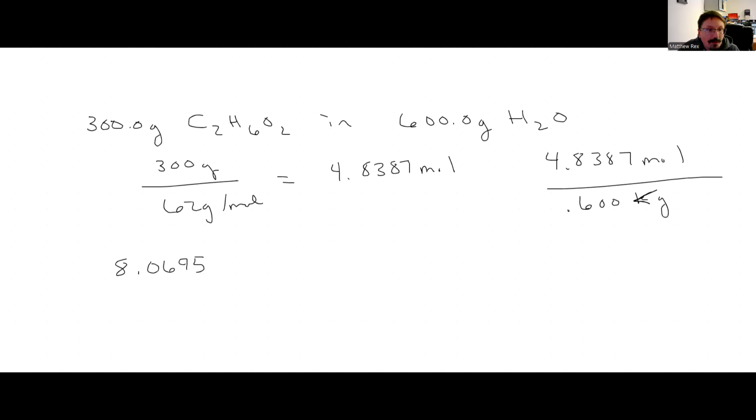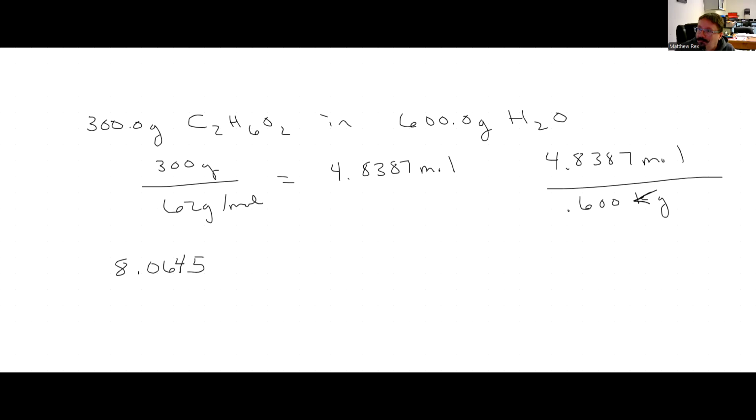We do not have an ionic solution, so our Van't Hoff factor is 1. So I can just leave the 1 out.